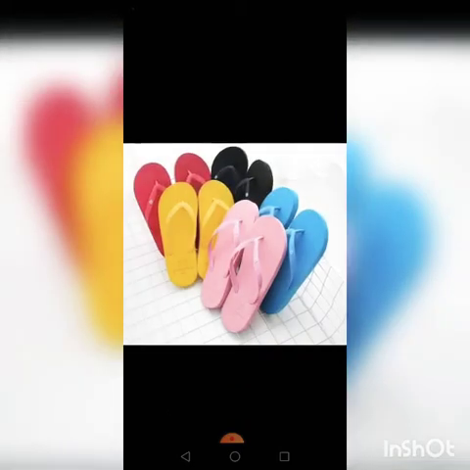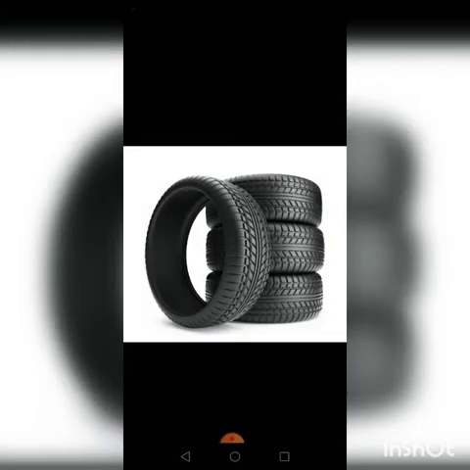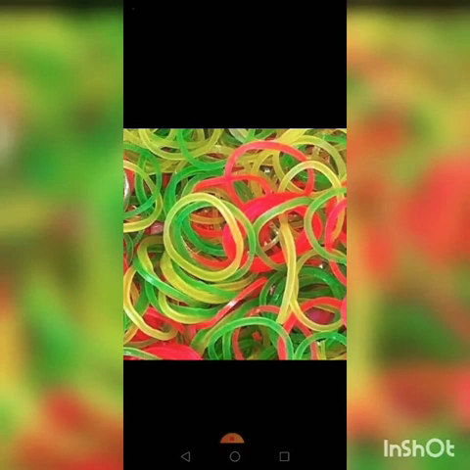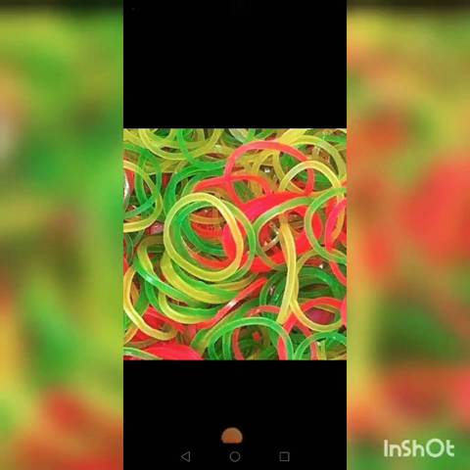You make rubber slippers, colorful slippers, your eraser that you use for rubbing things. Then you make tires with rubber, truck tires. All the tires that we see on vehicles are made from rubber. Then rubber bands. So that's the story of the rubber tree. So nicely God has made all this for us, isn't it?